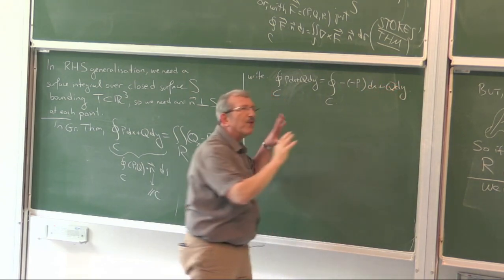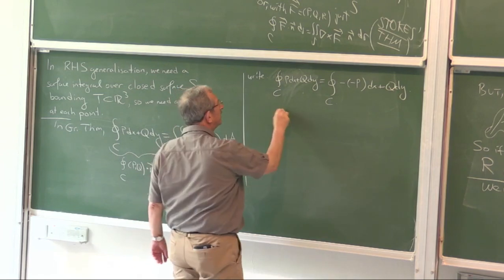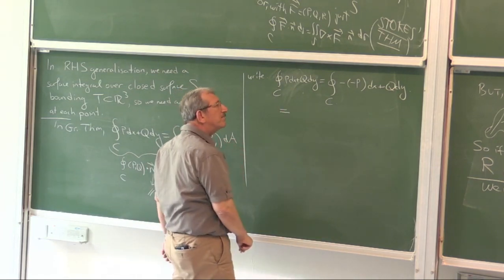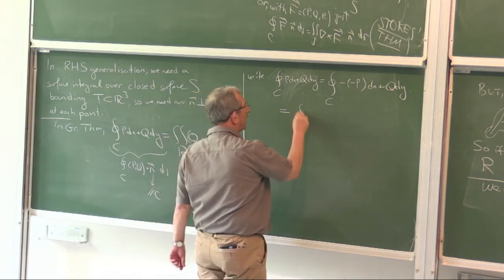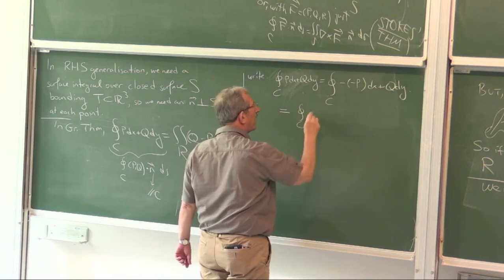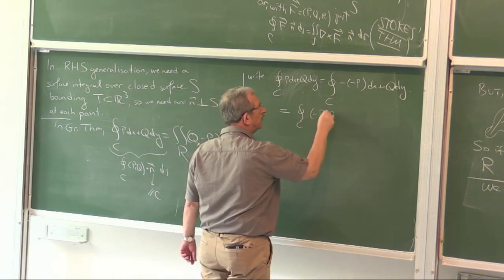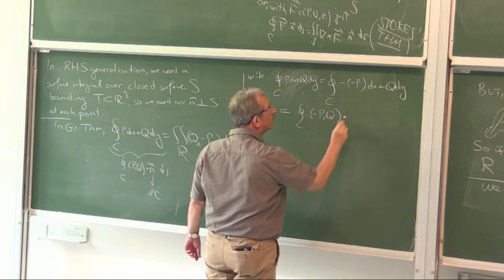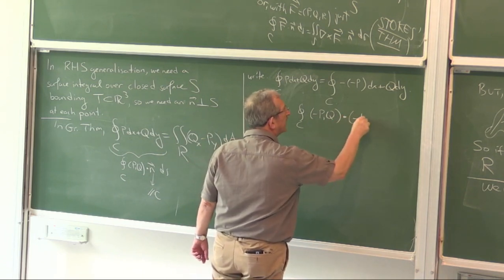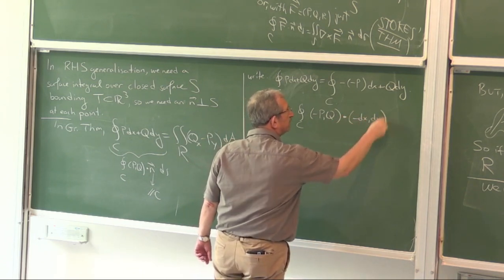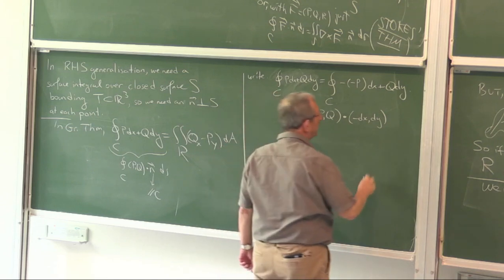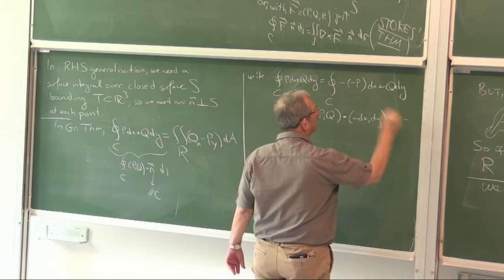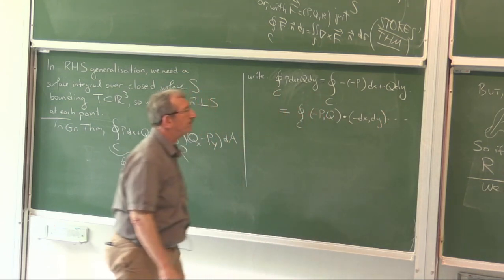Now, why I'm writing it in this form will be clear in a minute. That means, of course, that I have C, and then I have minus PQ dot minus dx dy. And then, of course, I have the other parts coming.